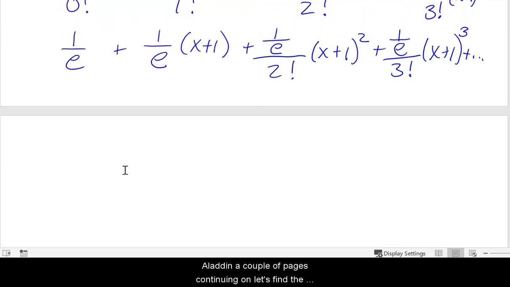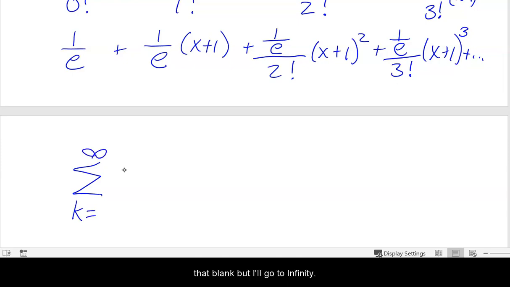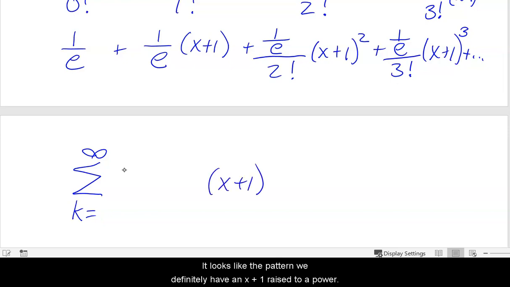Okay, so we'll add in a couple of pages. Continuing on, let's find the formula for the infinite series. I don't know where I want to start, so I'll leave that blank, but I'll go to infinity. It looks like the pattern, we definitely have an x plus 1 raised to a power. If I let the power be k, then I would need to start k at 3, 2, 1, 0.